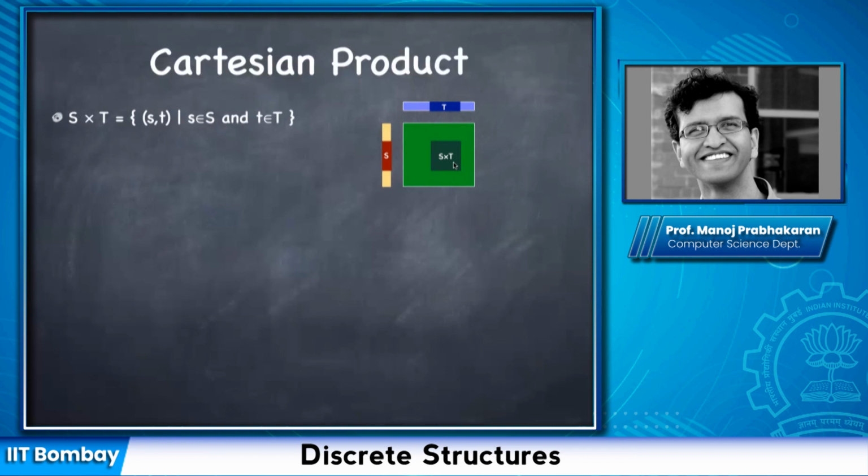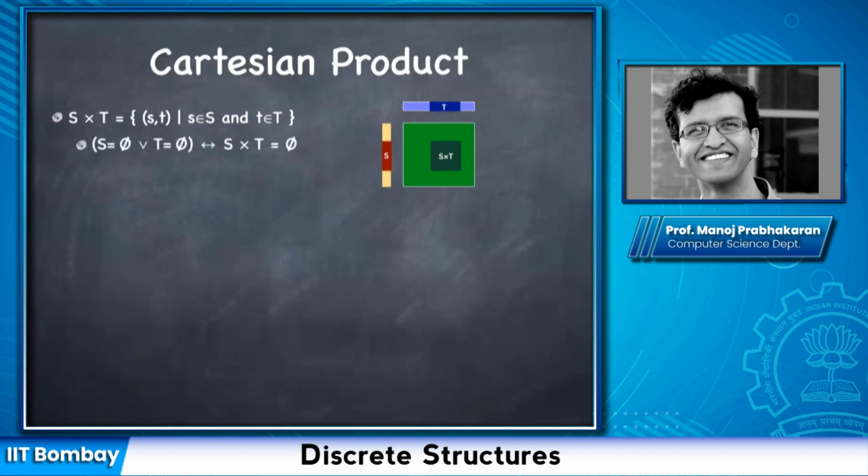Every element in that Cartesian product corresponds to a pair of elements, the first one from S and the second one from T. That's like the coordinate pairs (x, y) in the xy plane when you do geometry, right? Cartesian geometry.